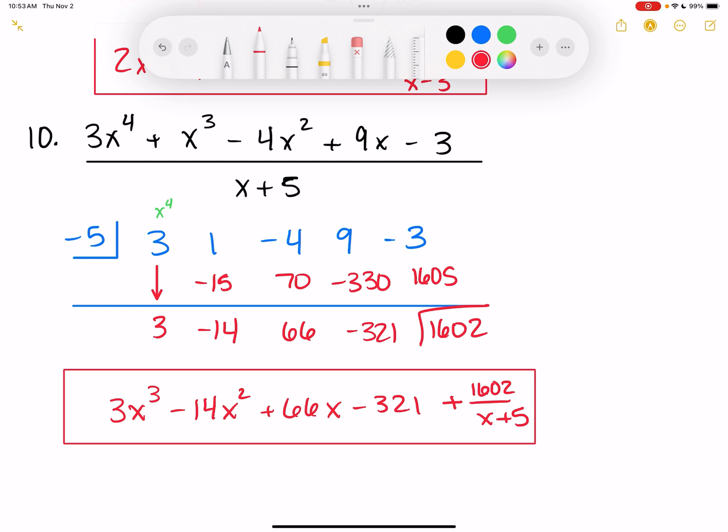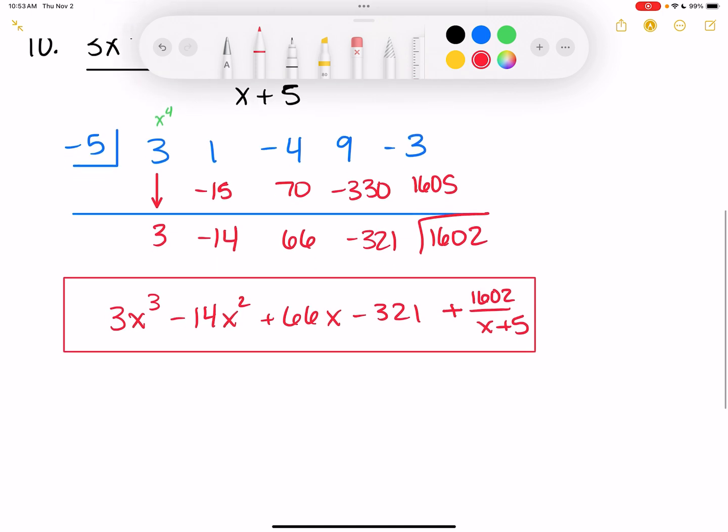It still would have been, so this will always be your x cubed, this will always be x squared. So if there's a term missing, that whole value, whatever that x value would have been, is gone completely. And so you just keep going and always working your way down. It's basically like 0x to the whatever, which you can write, but don't leave a 0 in a problem. Just rewrite it if you do that.